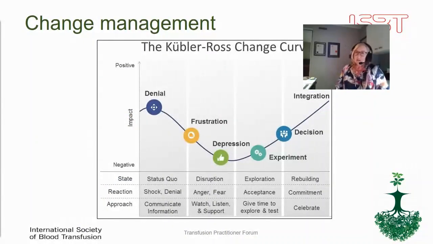Now, change management is a very big part of this, and change management in itself can be a whole session or a whole day, really. So this is just a quick reminder that change takes many stages, and as we can see here on the Kubler-Ross change curve, people can be anywhere on this change curve, and we need to acknowledge that change takes time, and it needs to be reinforced and revisited many times, and people need to be encouraged to take the lead.